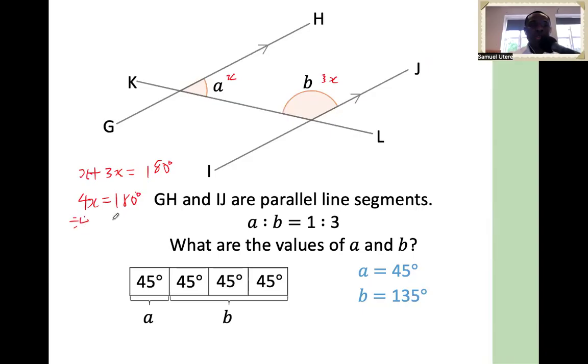Remember your equation solving skills, which will give us exactly the same thing as thinking about it using our bar model. So x will be 45 degrees, which represents the A we have here, and B will be 3 lots of that, which represents the same answer. So remember, there is more than one way of thinking about the solution to the problem.